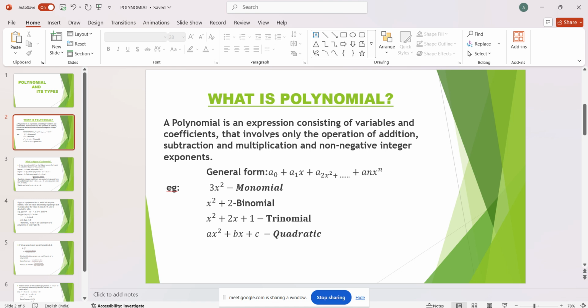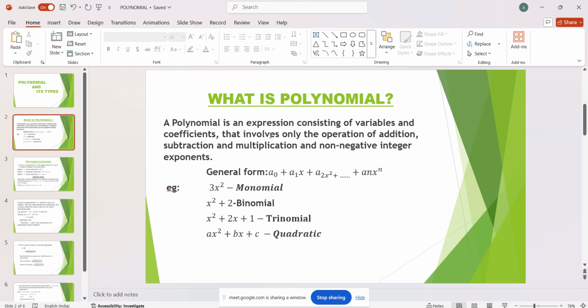Then the third one, trinomial. Tri means three. A polynomial that has three terms is called a trinomial. Example, x square plus 2x plus 1. Then another type of polynomial, the quadratic polynomial.